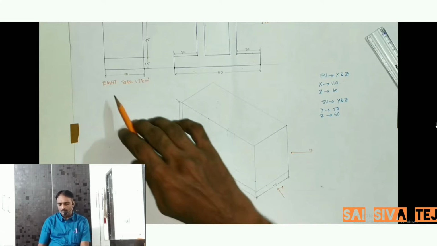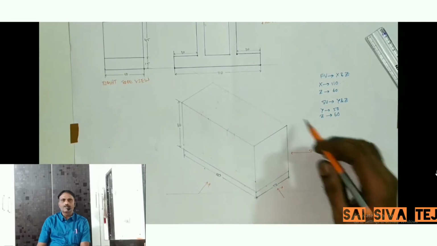In example 1, we are given the front view and the right side view of an object.